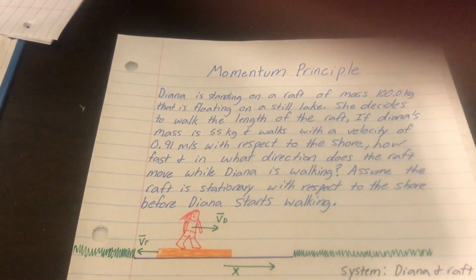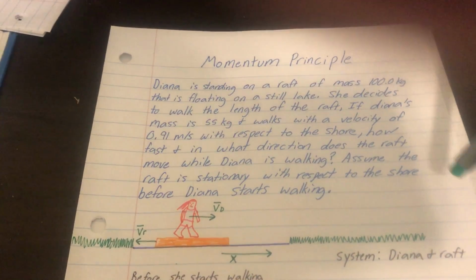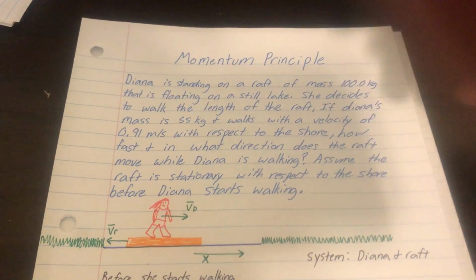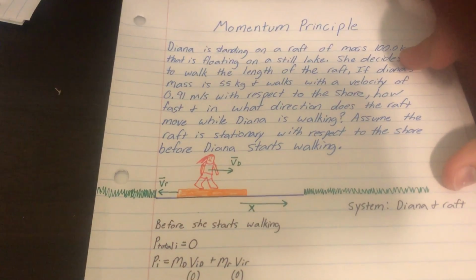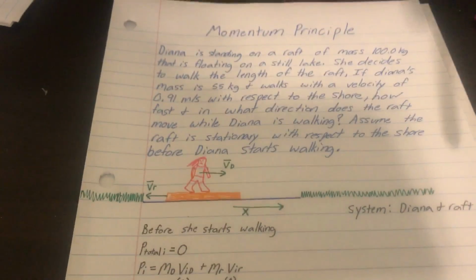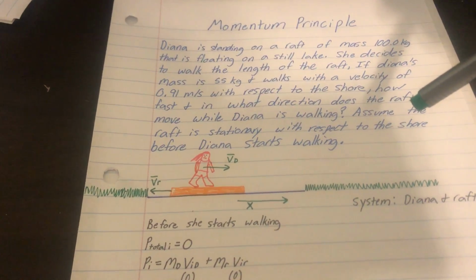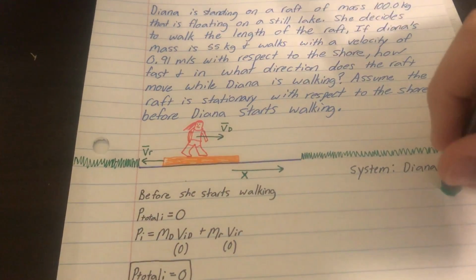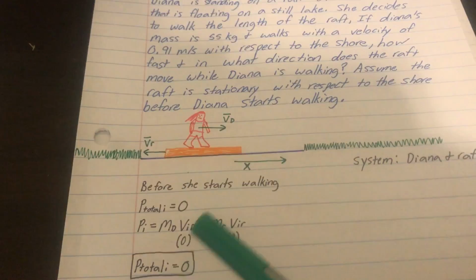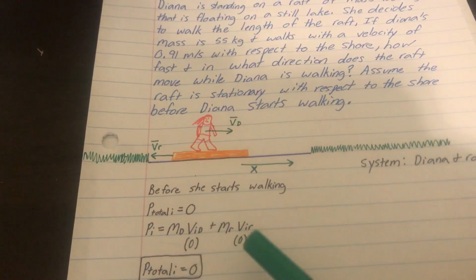So I drew the picture of Diana on the raft, and the system is Diana and the raft. Before she starts walking, the total momentum is 0. I know this because her velocity is 0 and the raft's velocity is 0.